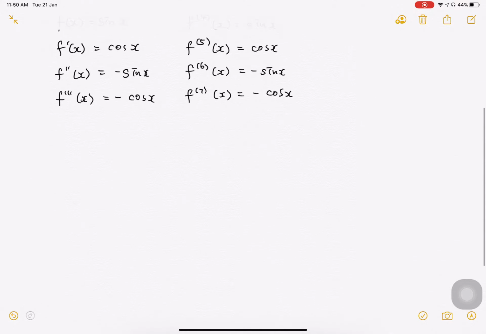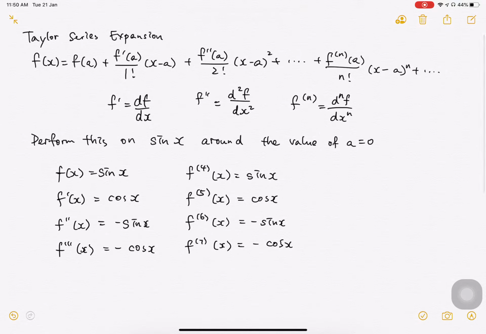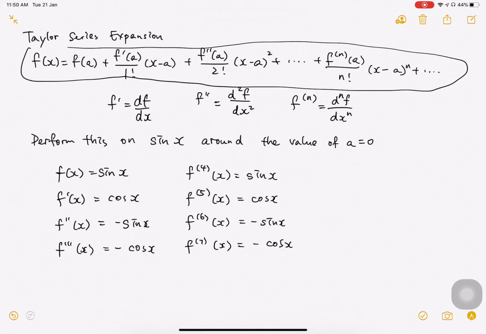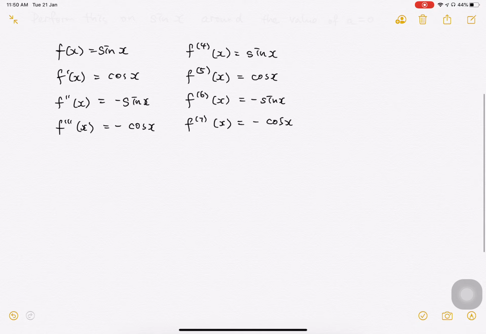So how do we make use of this equation? We just plug in all the things that we know about Taylor series expansion. So we express this sine x, the first term. We know that a equals 0, so we can substitute that.